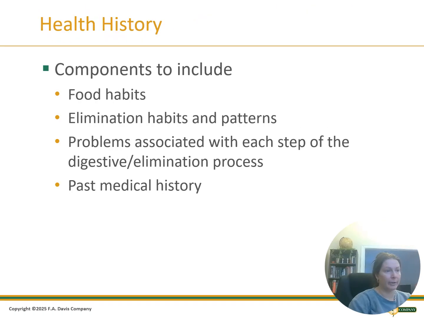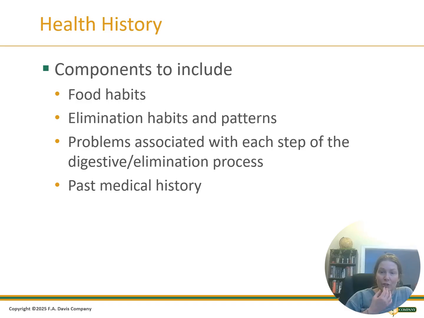Alrighty, so we'll talk a little bit about obtaining a health history in children. When we're doing an evaluation, we want to ask the parents about the child's food habits, including their dietary intake, what kind of pattern they have with eating, and whether they have any feeding difficulties, whether this is in an infant or a school-age child.